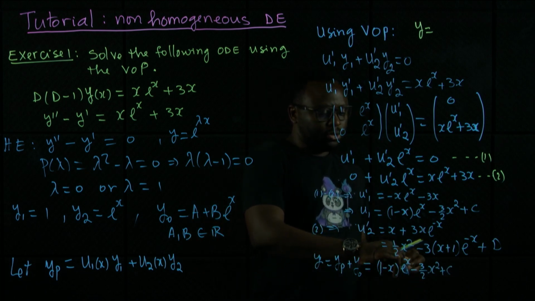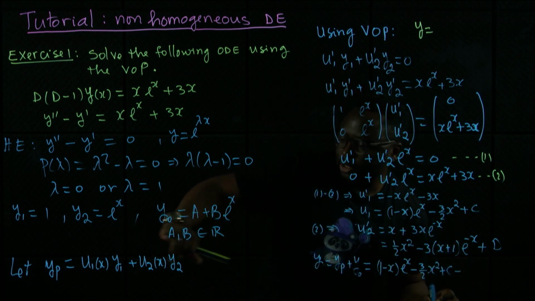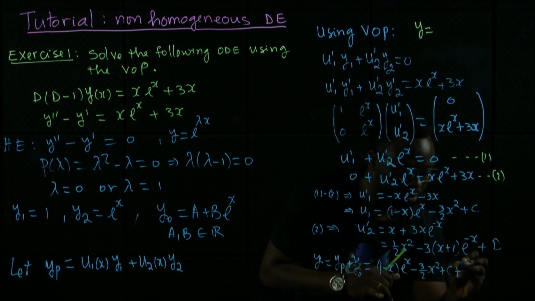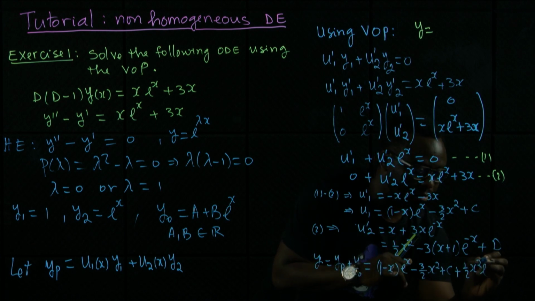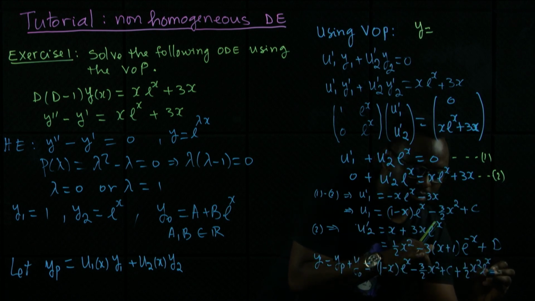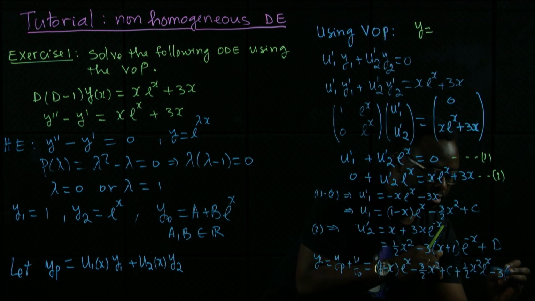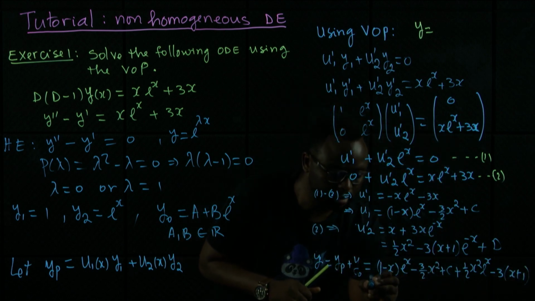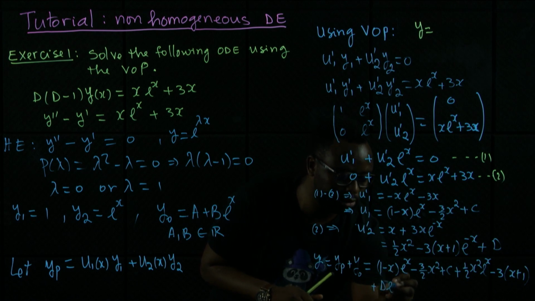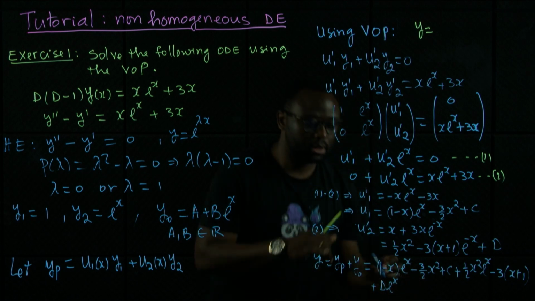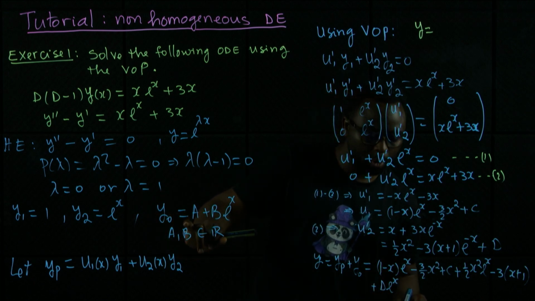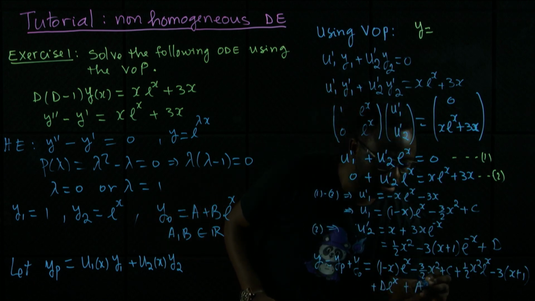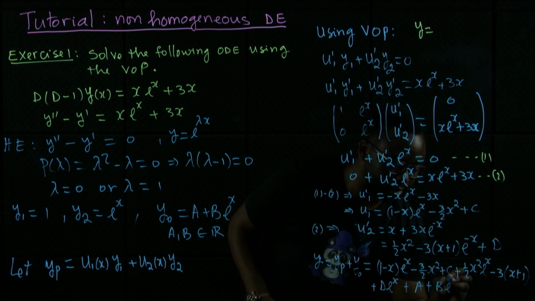For the second one, we have to multiply by y2. This is 1 over 2 times x squared times e to the power x minus 3x plus 1 plus d times e to the power x. And the last part now is the homogeneous solution. This is a plus b times e to the power x.